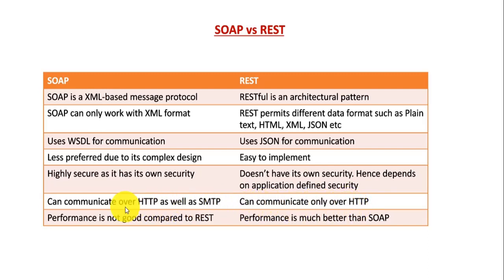So here the difference is that along with the HTTP method, SOAP can also communicate over the Simple Mail Transfer Protocol, SMTP, which is used for mail transfer. But the performance of SOAP is not as good as REST. Whereas the performance of REST is much better than SOAP. And it is an easily readable format. We are using JSON, right?